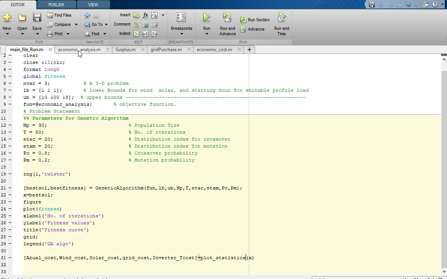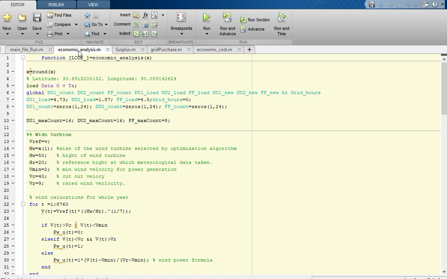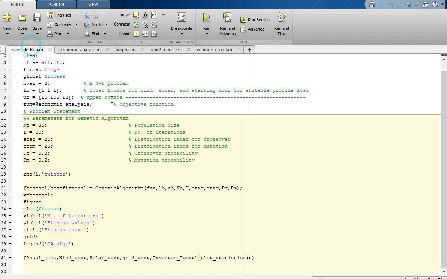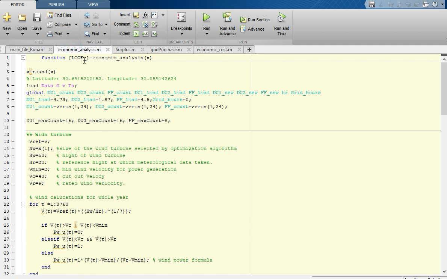So moving toward the economic analysis, this is our fitness function. This fitness function is responsible for optimizing the size of the wind, solar and starting hour. So the optimization algorithm will be calling this fitness function to decide the size of the wind, solar and starting hour. It will be calling the economic analysis, and the economic analysis will return the fitness value.